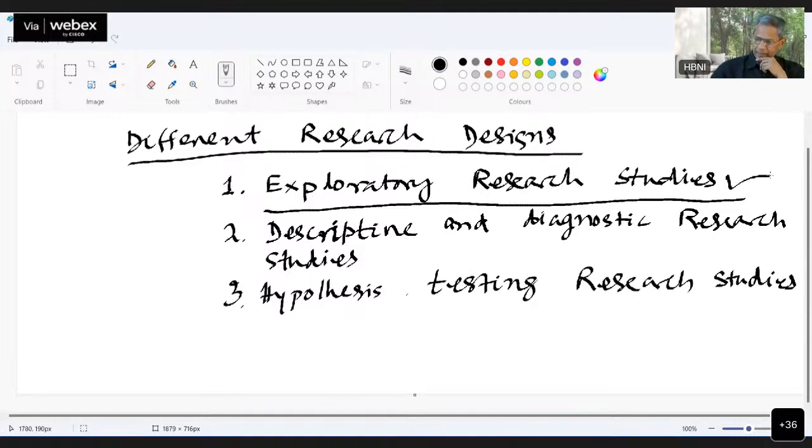Then descriptive and diagnostic research studies. This is basically applicable to most of the social research, which comes under this category.